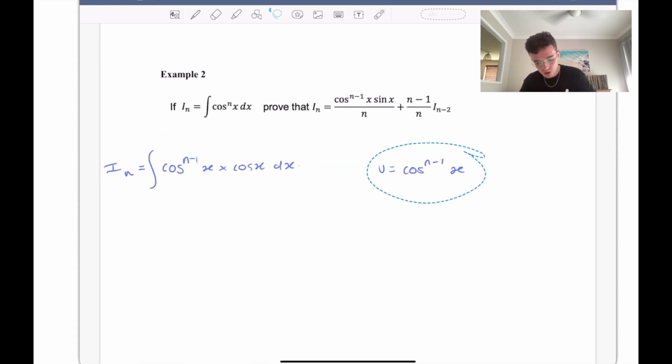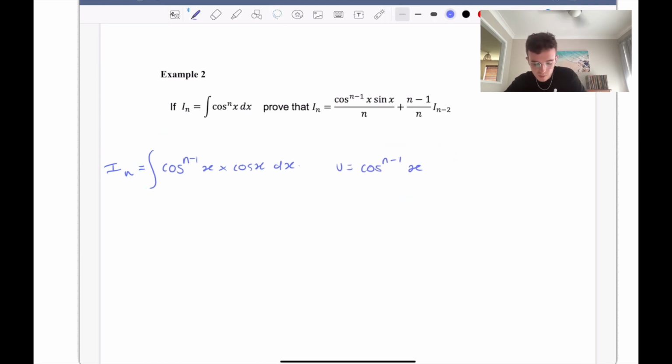So u is equal to cos^(n-1) of x. Now we're going to use the chain rule to differentiate this. Bring down the power, n minus 1, times the new power, times the differentiation of the brackets, which is minus sin x. And then we subtract 1 from the power, so cos^(n-2) x.